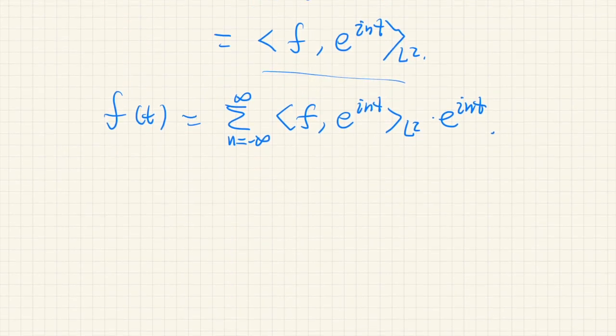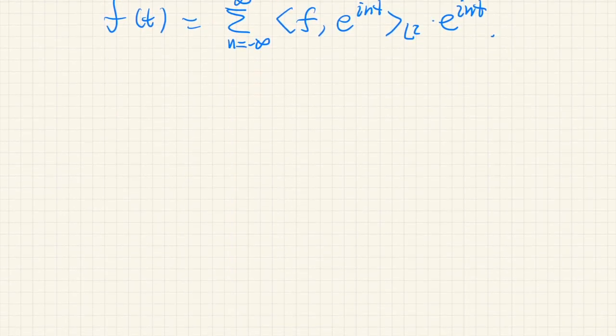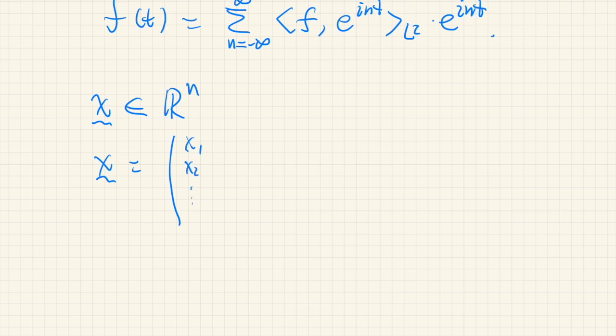Let's compare this with the real vector space. That is the vector space of x in R^n, and we can express this as x1, x2, and so on up to xn, and each of these are real numbers.